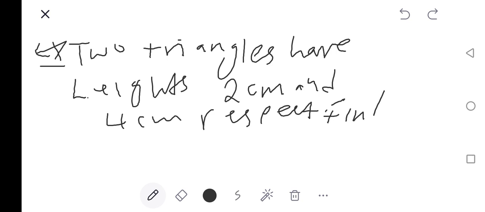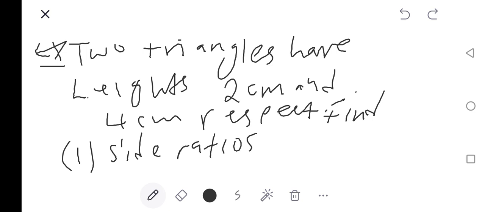Find side ratios or height ratios, and area ratios, the ratios of their area.